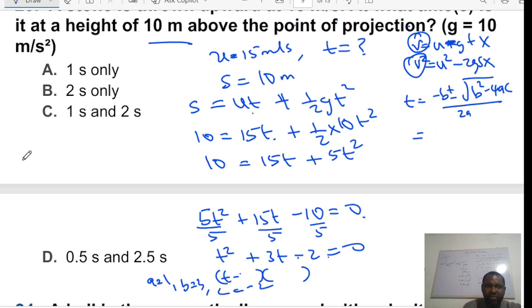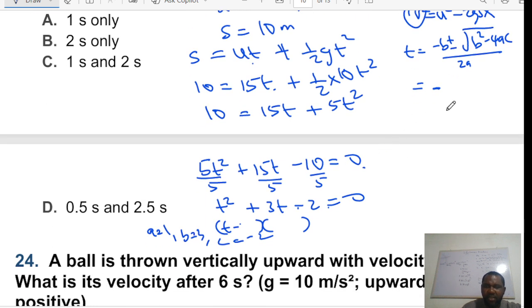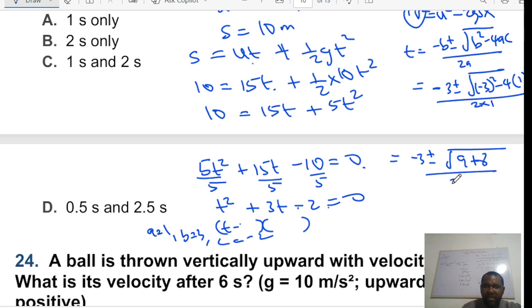So negative b is negative 3 plus or minus square root of b squared, 3 squared, minus 4ac, 4 times 1 times negative 2, all over 2a, 2 times 1. So that's negative 3 plus or minus square root of 9 plus 8, which is 17, divided by 2.